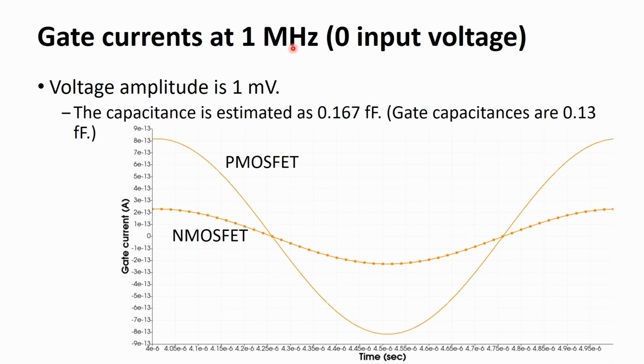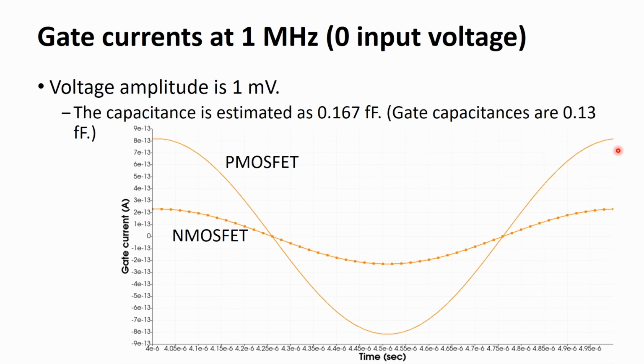This figure shows the gate current of the N MOSFET and the P MOSFET. We can see that the gate current is following the cosine function. It means that the capacitive component is dominant.